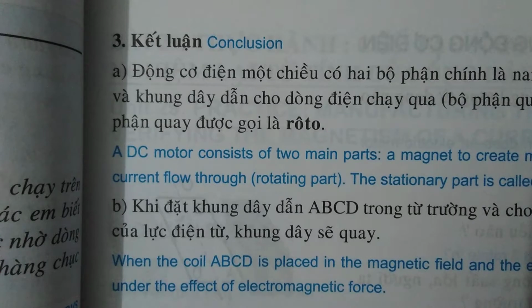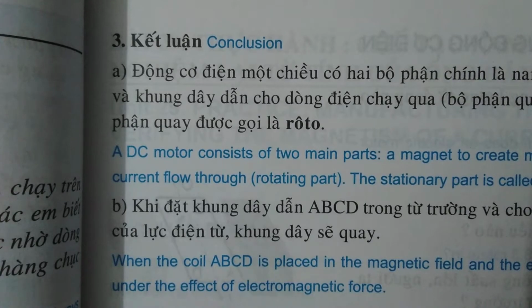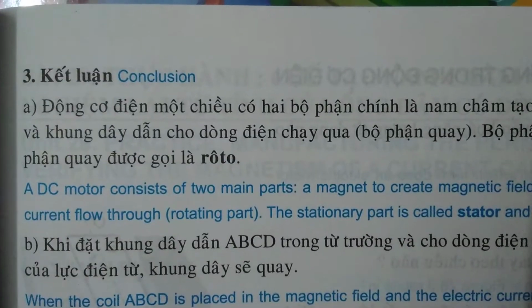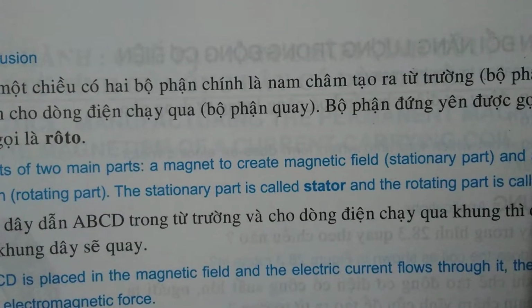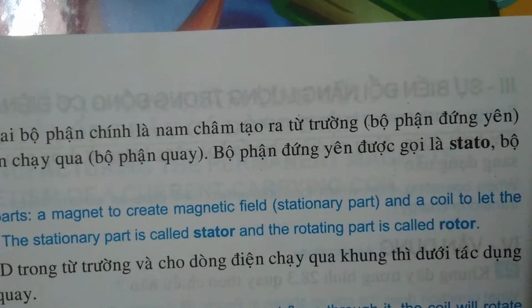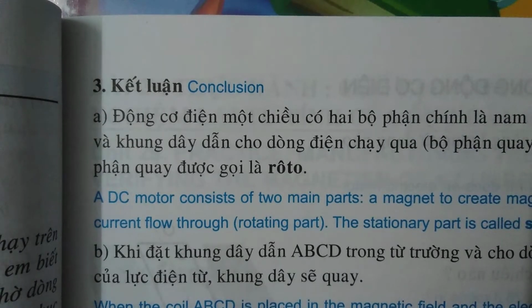Page 76. Conclusion. A DC motor consists of two main parts, a magnet to create magnetic field, the stationary part, and a coil to let the current flow through, the rotating part.